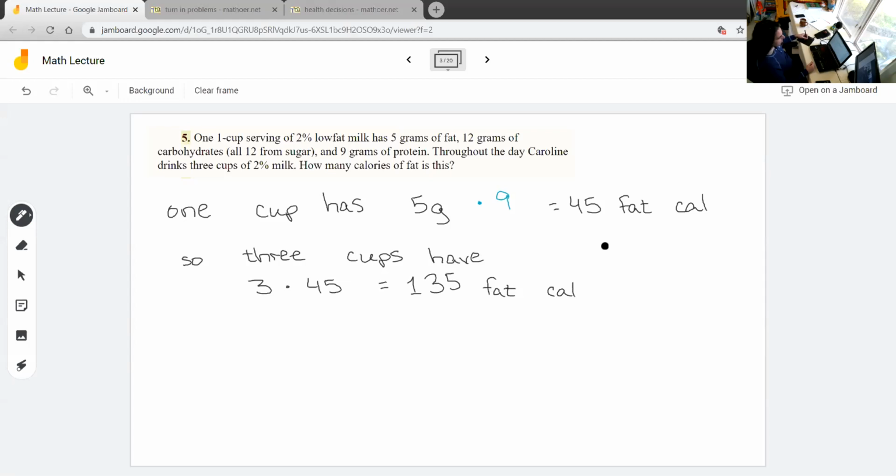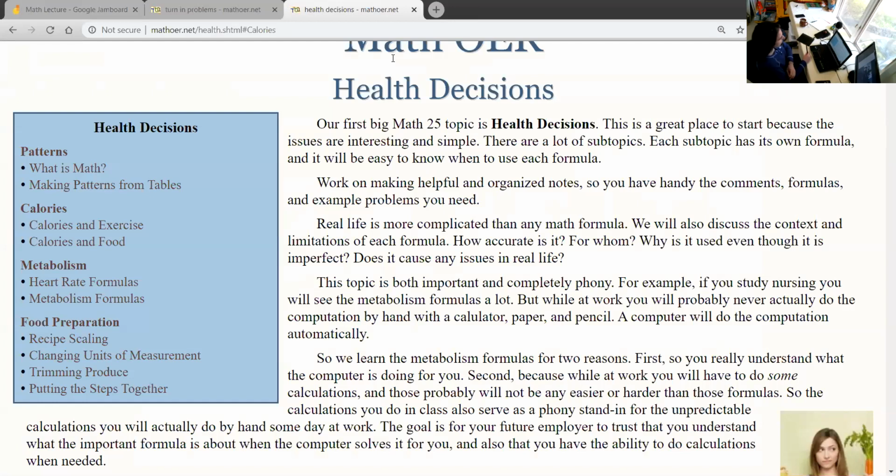Is that what you got? Yes. Okay. That's a lot of calories.